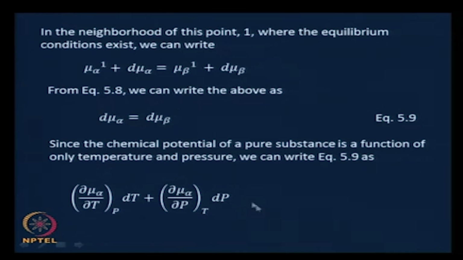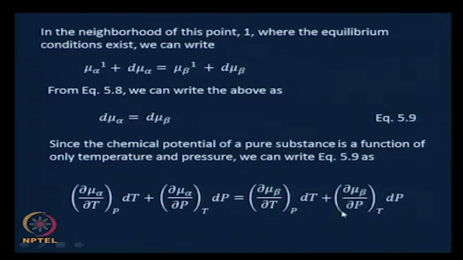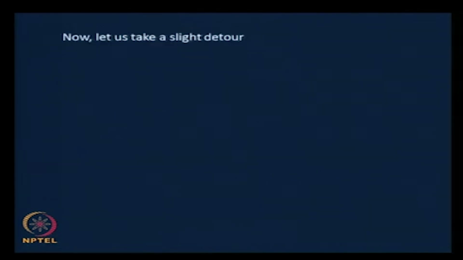This equals dou mu beta by dou T at constant pressure dT plus dou mu beta by dou P at constant temperature dP. Let us call this equation 5.10.